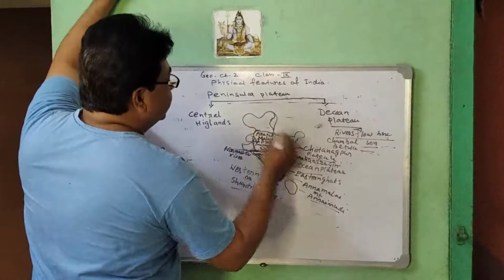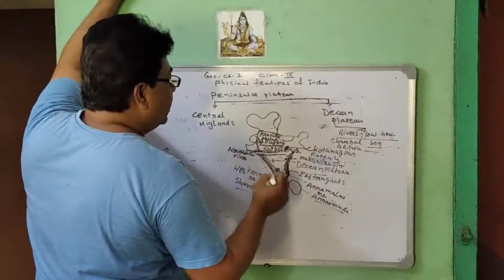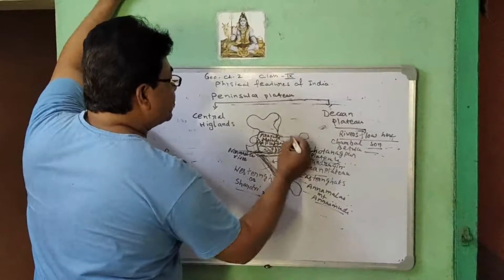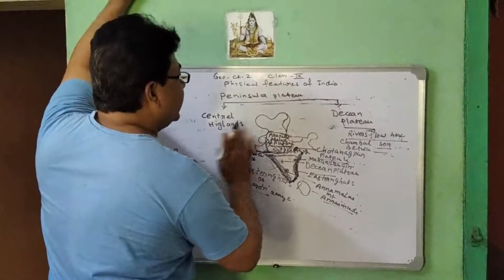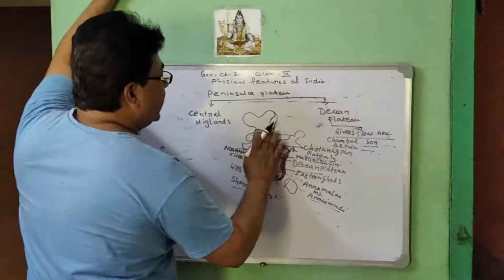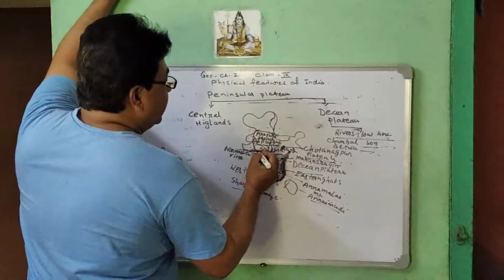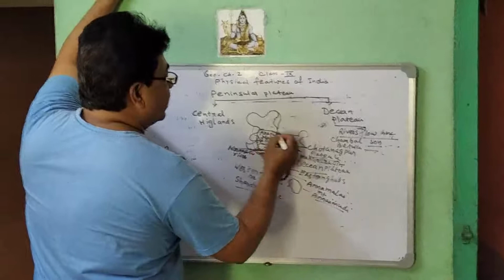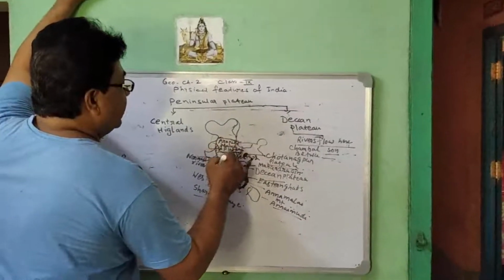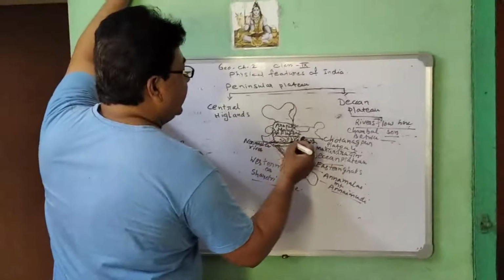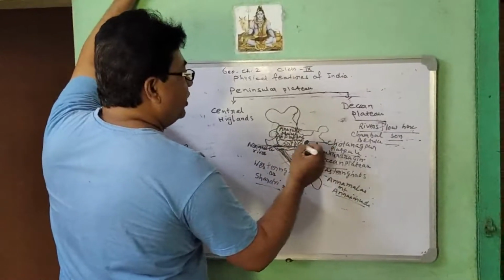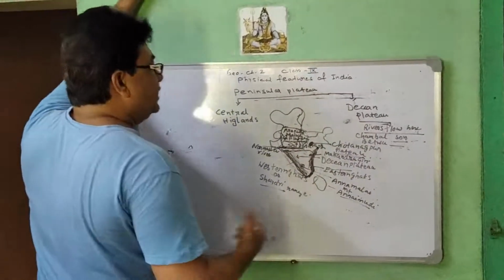So this is known as the peninsular plateau of India. The peninsular plateau is divided into the Central Highland and the Deccan plateau. The Central Highland starts from the Narmada river to the Aravalli ranges or Malwa area, and stretches to the Chota Nagpur plateau.